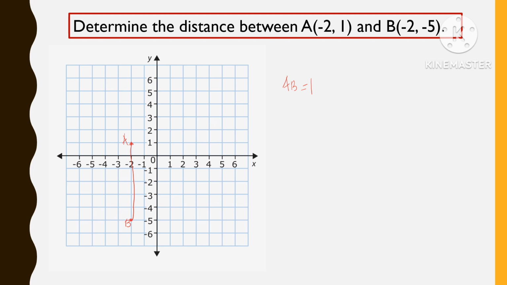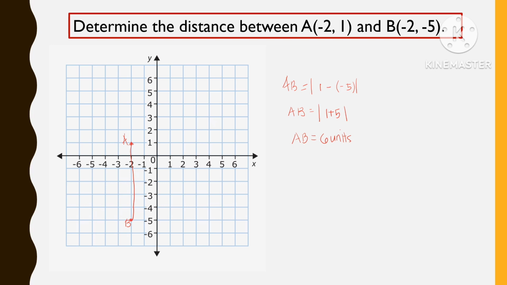Since point A has 1 as the y-coordinate and point B has -5 as the y-coordinate, that is the absolute value of 1 minus -5. Since we have negative and negative, this will become +5. Therefore, AB is equal to 6 units.